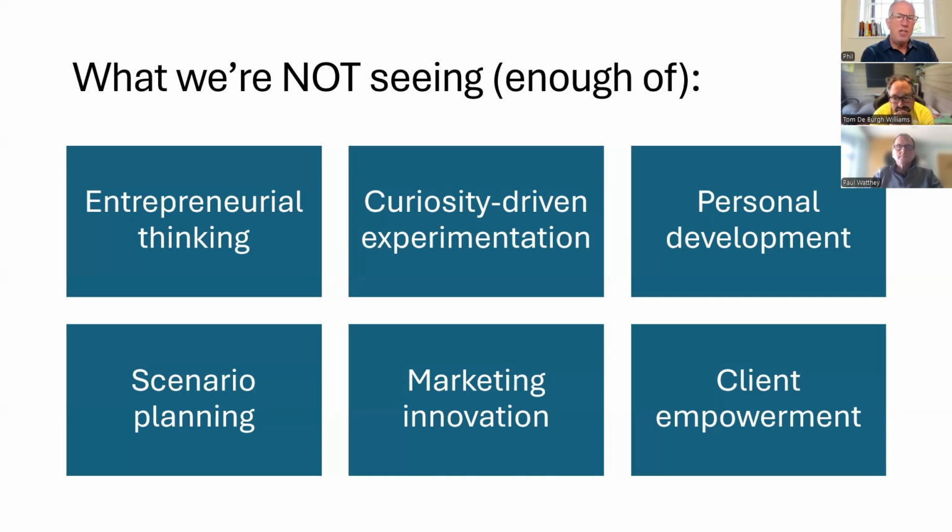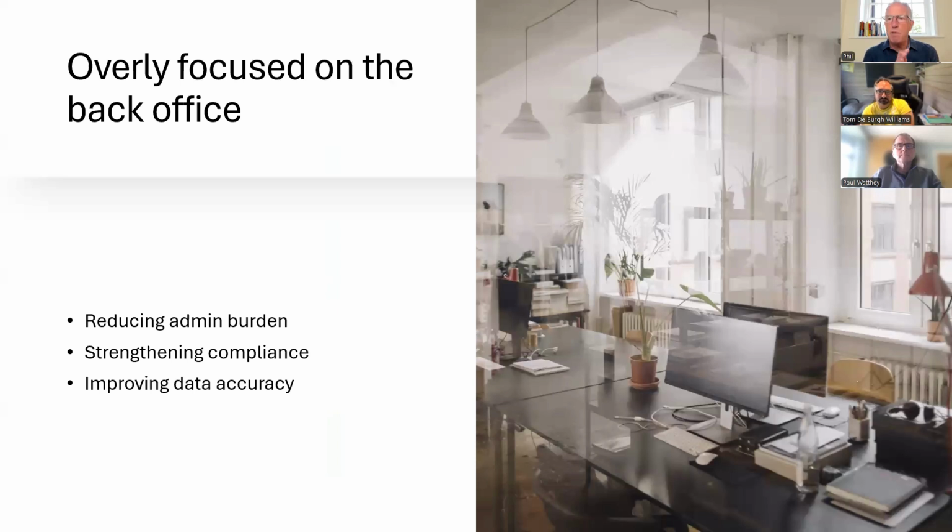Also, we're not yet seeing enough use of AI to support the relationship you have with clients, where clients can use your own AI to get answers to questions, not to get financial advice from you, but just to support the proposition you're already offering them. But more of that as we go. At the moment, most AI being used by financial advisors is in the back office for all the obvious things: reducing admin burden, strengthening compliance, data, and all that good stuff.